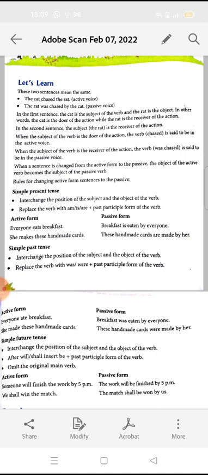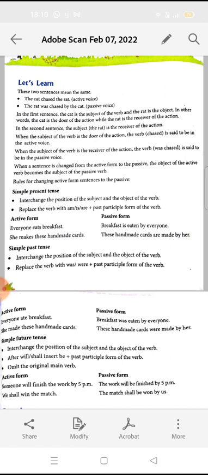Object comes in the beginning. The ice cream was eaten by Ram. Why was? Because ate is our past tense verb, so we use past tense. Now Ram is one, so we use was. If there were two people, we could have used were. Ram is one, so we say was. An ice cream was eaten by Ram.